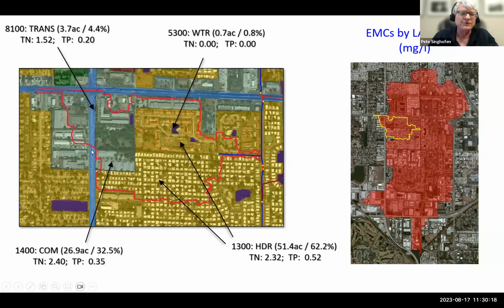In this case, we have a transportation land use zone, high density residential, a commercial area, and then water features, stormwater ponds that are in the system. This is one catchment area inside of a much larger watershed.